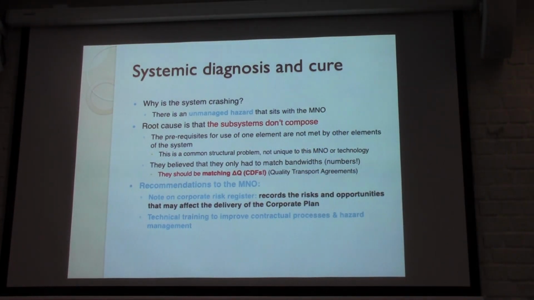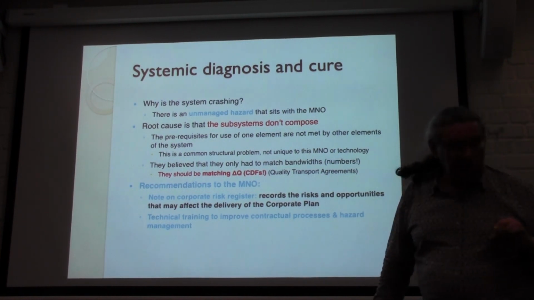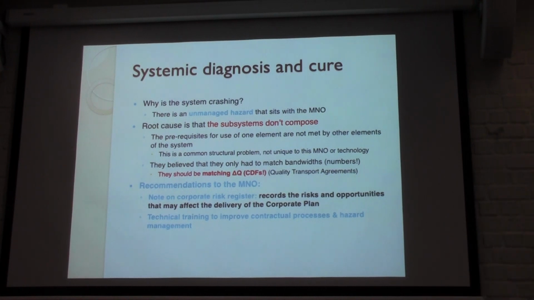No, that's not enough. You have to match much more than bandwidth. So that's one example. Do you understand the example? This is a real industrial case study, and it was using the composition of delta Qs.